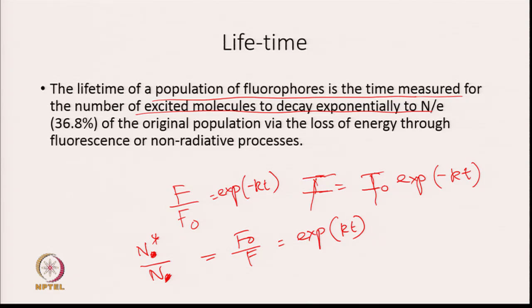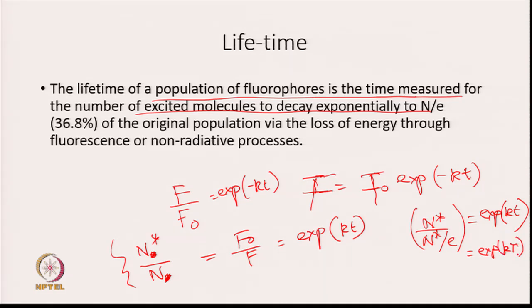So, basically you can think of n star divided by e, and this should be equal to exponential k t, and here t is equal to tau. So, lifetime is the time required for the number of excited molecules to decay exponentially to n by e.